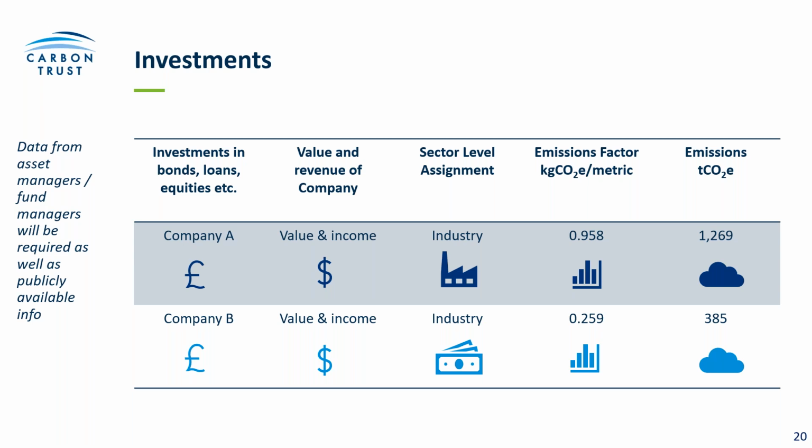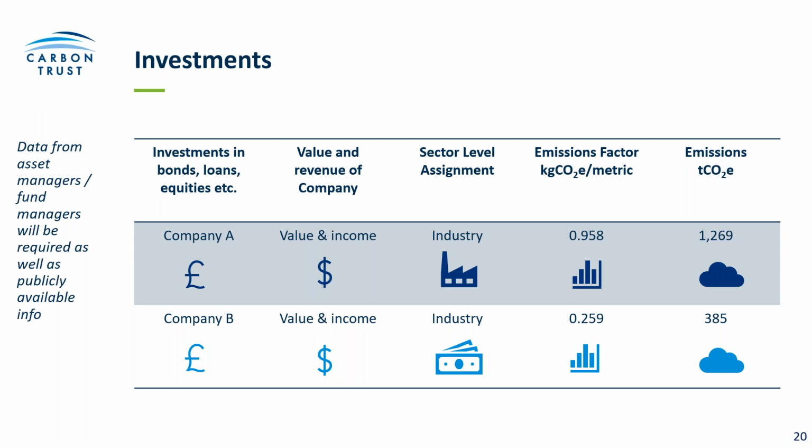But the principle of footprinting an investment is much the same as the other categories. If we look at it from a very high level, we simply use an EEO category for the relevant sector that the money is invested in, alongside the value of that investment within the company. Sometimes we may need some additional information about the company that's being invested in, such as revenue and enterprise value.